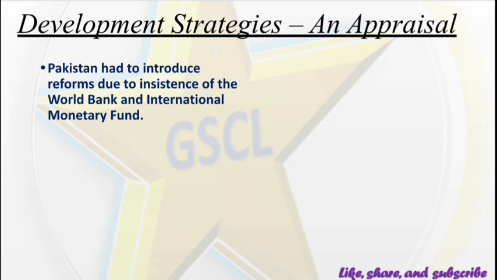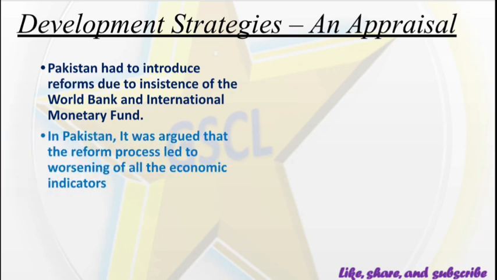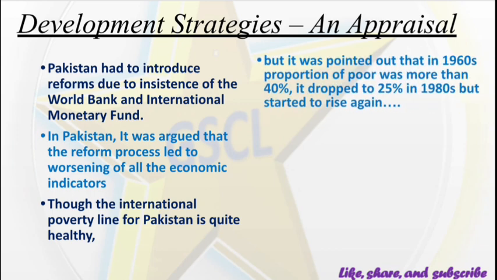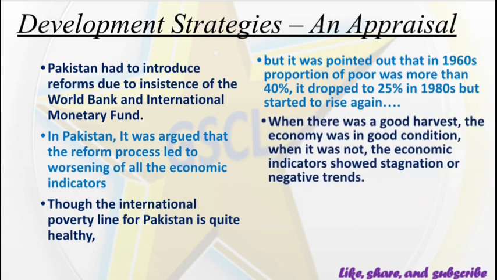It was also said that though poverty seems less when considering international reports, when compared with the data of the 1960s, the poor were reduced by almost 15%, but there was a rise again after 1980. There was stagnation due to lack of good harvests in the economy.